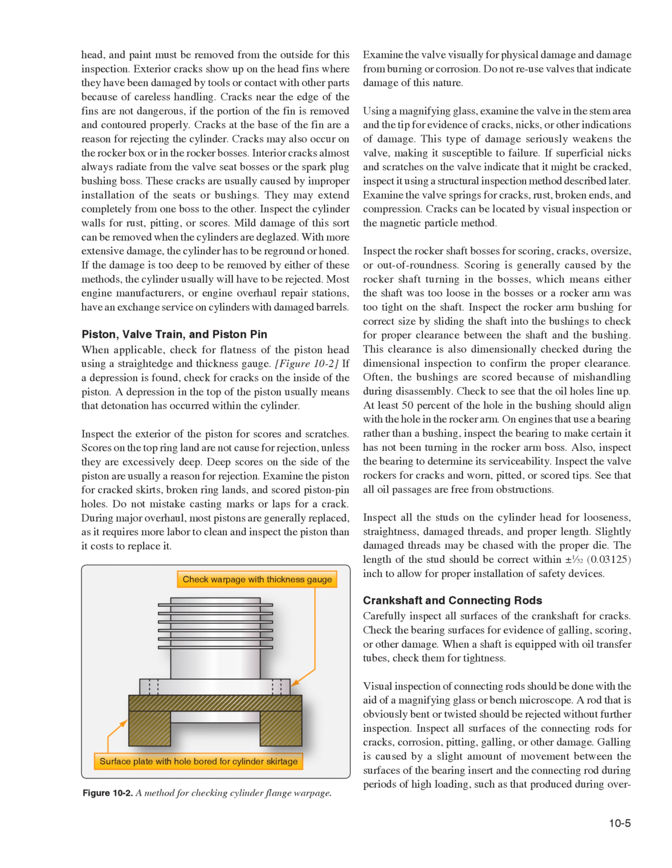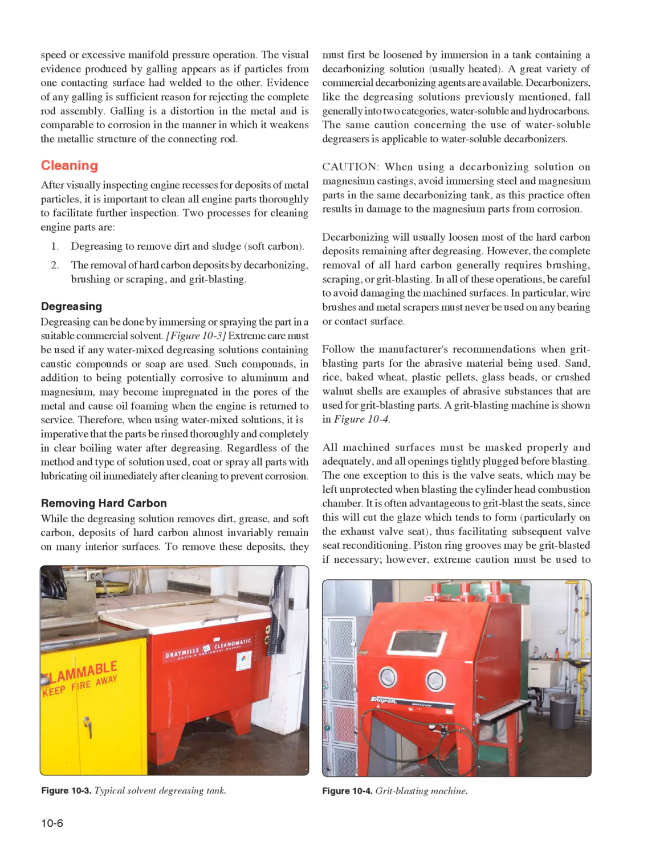Visual inspection of connecting rods should be done with the aid of a magnifying glass or bench microscope. A rod that is obviously bent or twisted should be rejected without further inspection. Inspect all surfaces of the connecting rods for cracks, corrosion, pitting, galling, or other damage. Galling is caused by a slight amount of movement between the surfaces of the bearing insert and the connecting rod during periods of high loading, such as that produced during over speed or excessive manifold pressure operation.